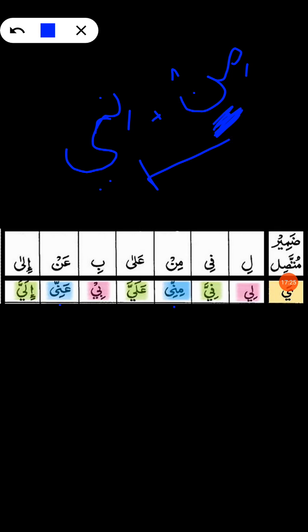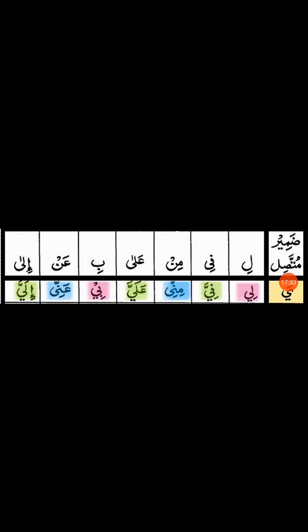When these two noons fuse, it becomes minni, anni. So you can see that there are different versions of each of the jar majrur fragments whenever the majrur is ya mutakallim: li, bi, fiya, alayya, ilayya, and then minni and anni.